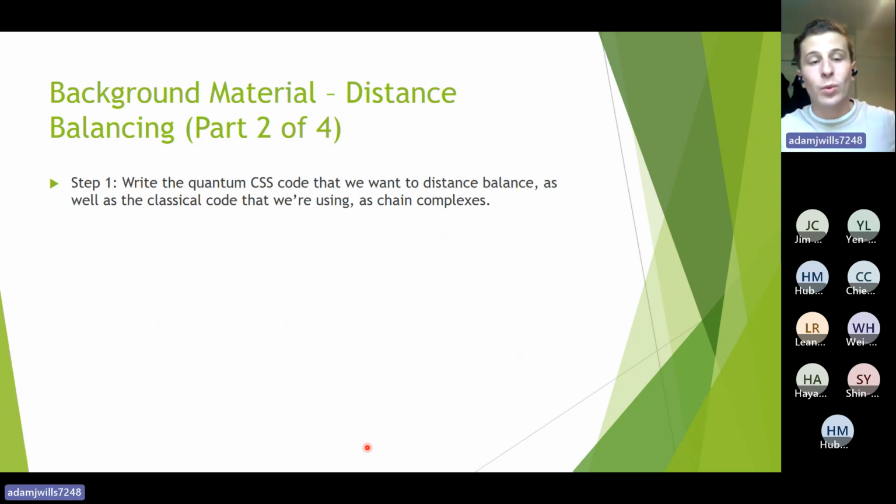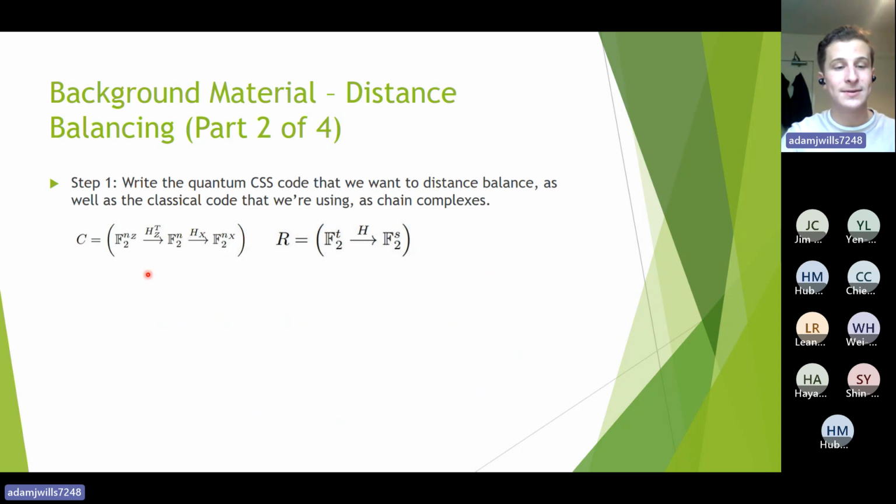So we're going to start distance balancing by writing the quantum CSS code that we want to distance balance and the classical code that we're going to use to do the distance balancing. We're going to write them both as chain complexes. So the quantum CSS code is going to be written as a three-term chain complex, and the classical code that we're going to use is going to be written as a two-term chain complex, as I mentioned.